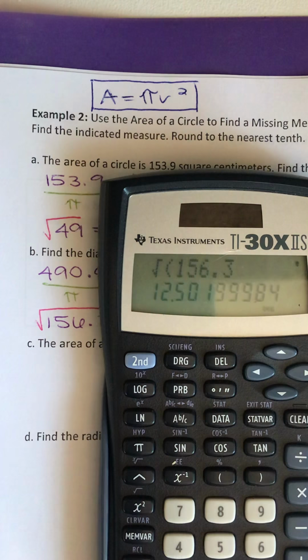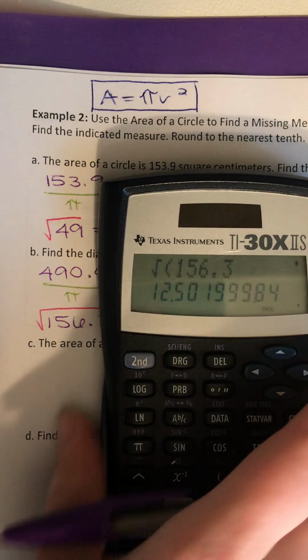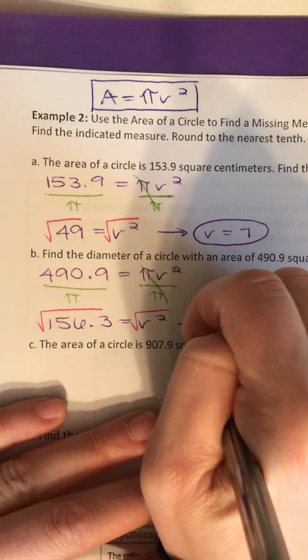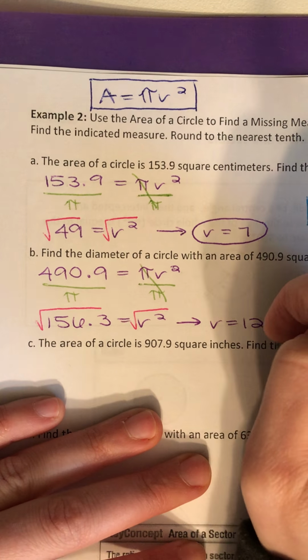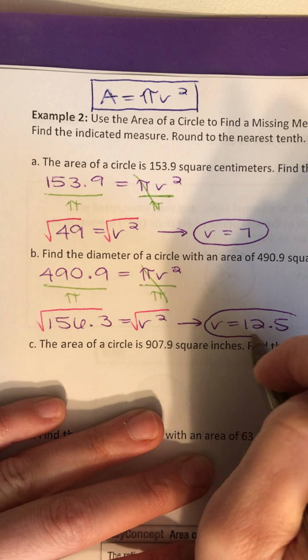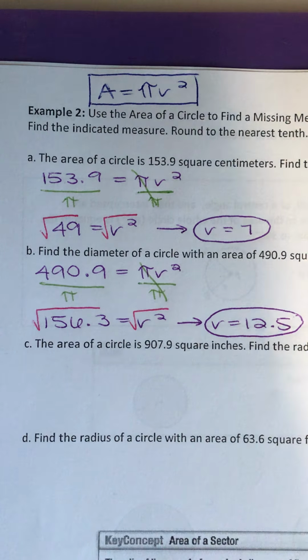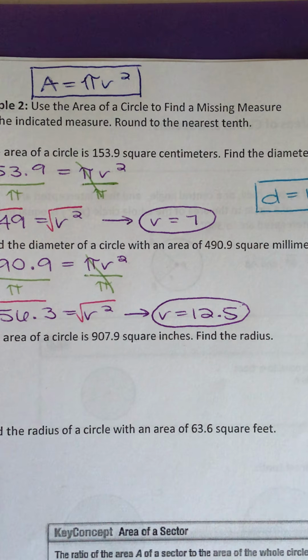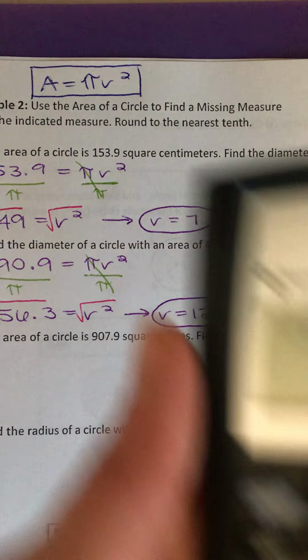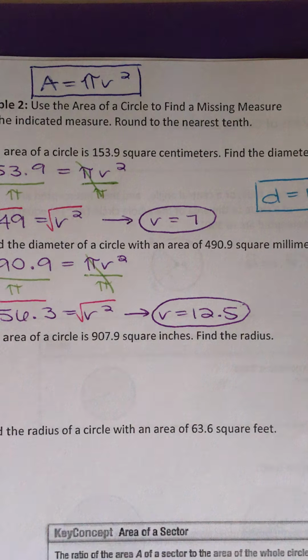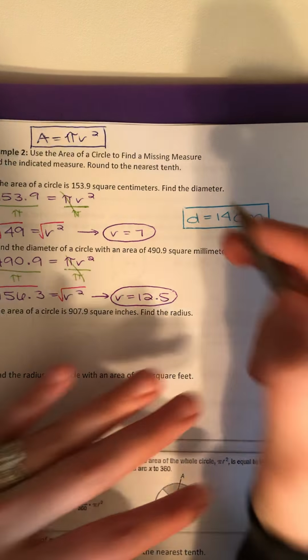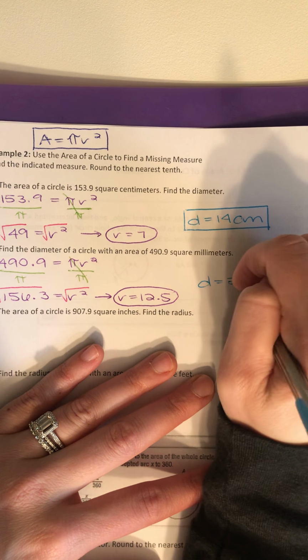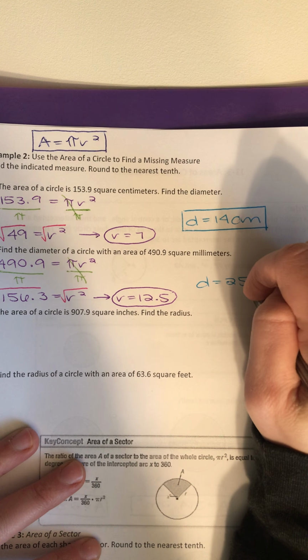And 12.5 would be my radius. Again, since it's asking for my diameter, I'm going to do 12.5 plus 12.5, or I can multiply it by 2, and my diameter is 25 millimeters.